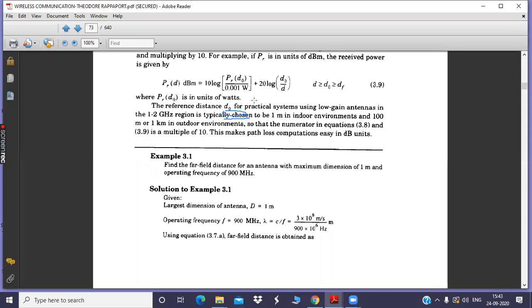And the operating frequency is 900 megahertz. Means your frequency f is 900 megahertz, that is 900 into 10 to the power 6. From this you will be able to calculate lambda. Lambda is c by f. You know the value of c, 3 into 10 to the power 8, divided by 900 into 10 to the power 6.